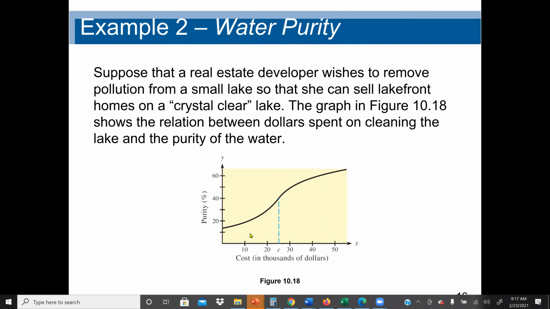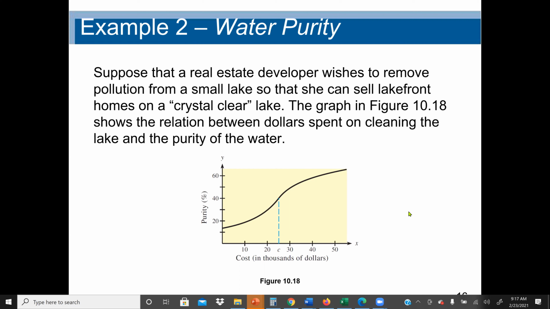The graph in figure 10.18, again from our textbook, shows the relationship between the dollars spent, the x-axis, on cleaning the lake, and the purity of the water. By looking at the graph, you can see that the more money we spend, the more pure the water is. But it doesn't go up linearly. It's not constant. It's kind of curving.